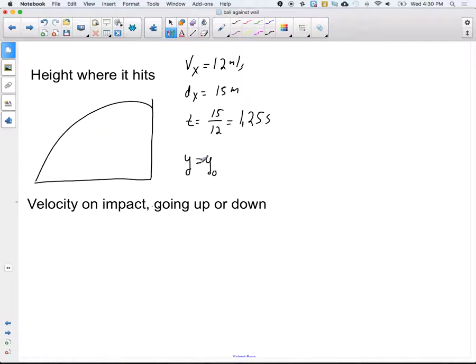Y is equal to y0 plus v0y times t plus 1/2 at squared. If we just plug numbers in, 0 plus 9 meters per second times 1.25 seconds plus 1/2 times minus 10 times 1.25 seconds squared.